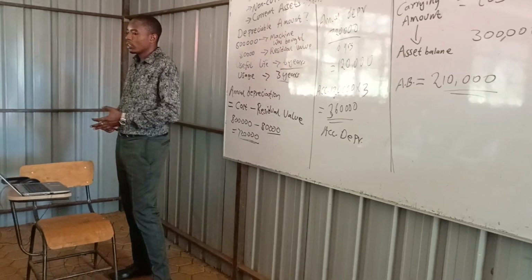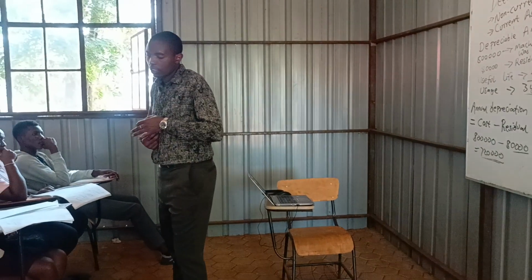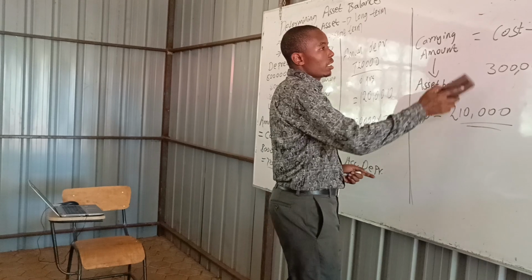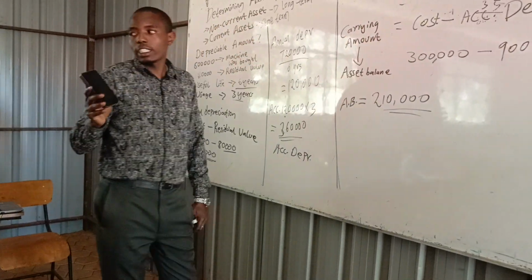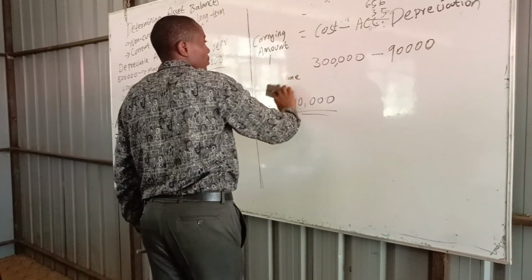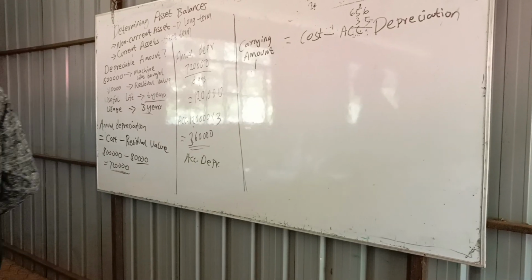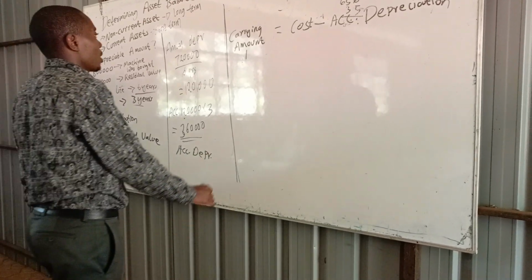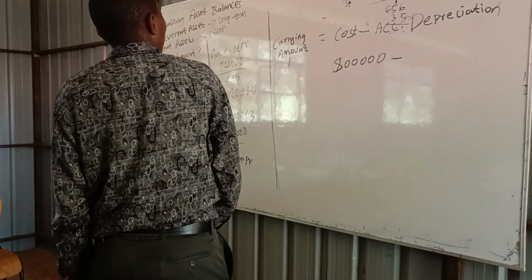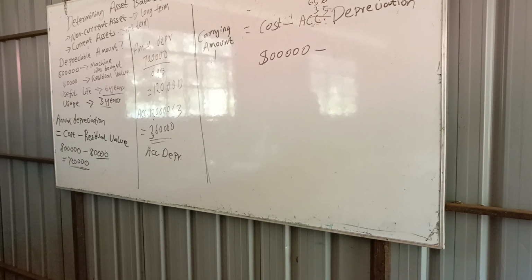Now, what is the carrying amount? What will be the carrying amount? Remember we have said, it will be the cost minus the accumulated depreciation. So, the cost of our machine, how much was it worth? 800,000 minus the accumulated depreciation. Remember, we are working with accumulated depreciation.